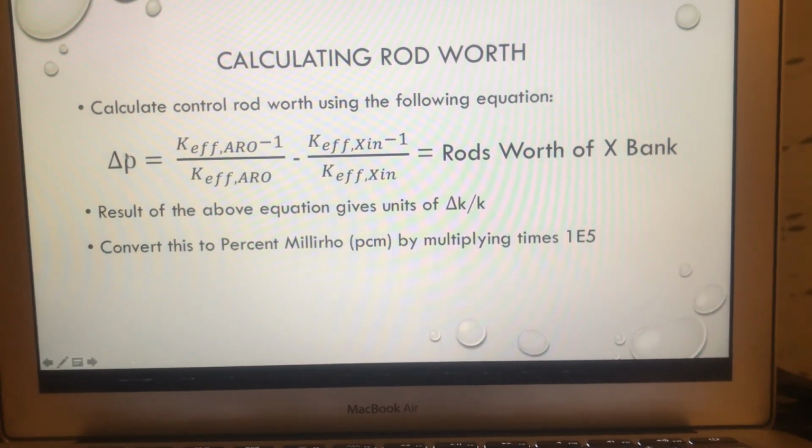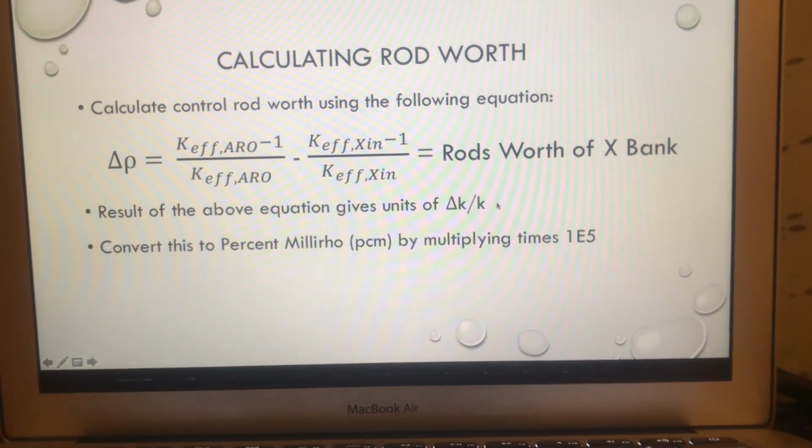The equation for control rod worth is the change in reactivity, which is basically delta K over K of each case. So for all rods out, it's K effective minus 1, which is criticality, over K effective at all rods out. And then the delta is K effective of whatever bank in, minus criticality, over whatever bank in.